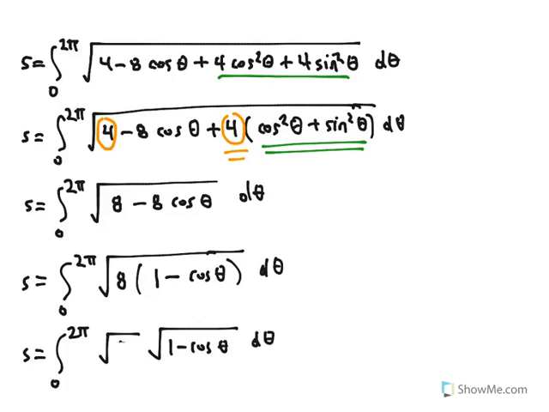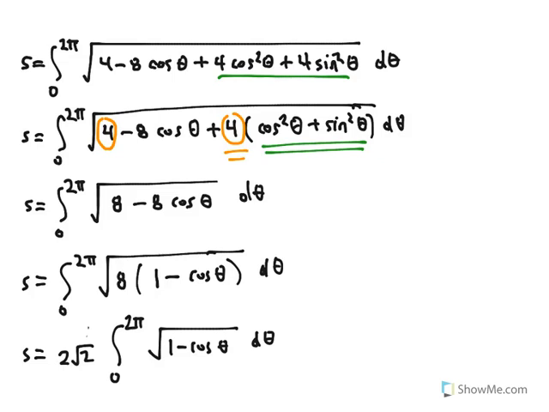And you can further factor 8 as 4 times 2. 4 times 2 is 8. And you have the square root of a product, and you can write that as a product of the square roots. And the square root of 4 is 2. And of course, that's a constant, so you can factor it out of the integral, and you will have 2 times the square root of 2 times the definite integral from 0 to 2 pi.